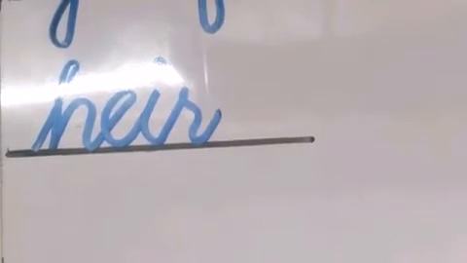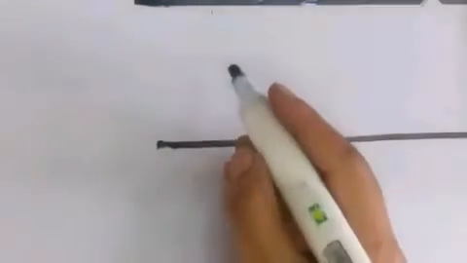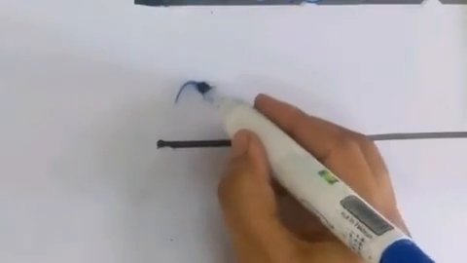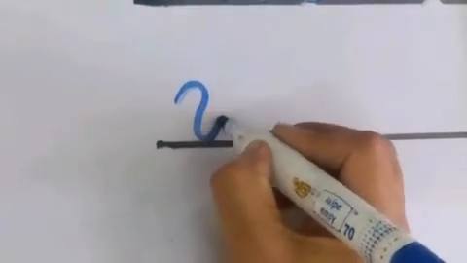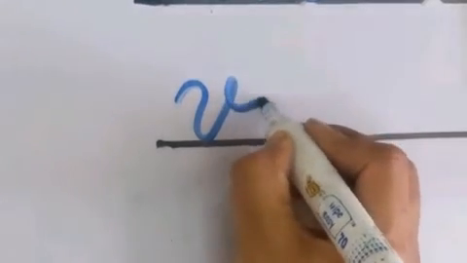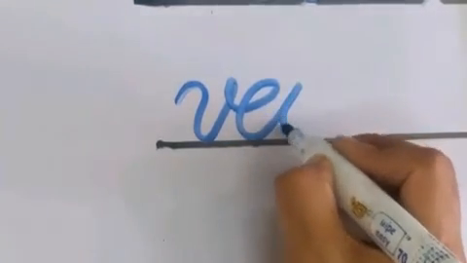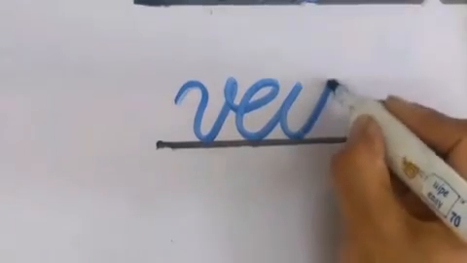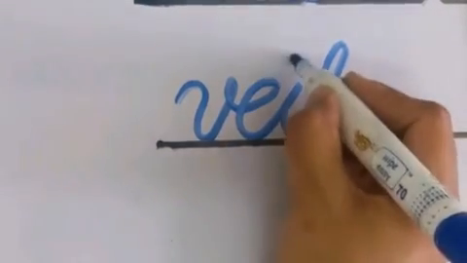Let me write another word. I'm going to write whale for you. Whale. Write like this. Is that clear?